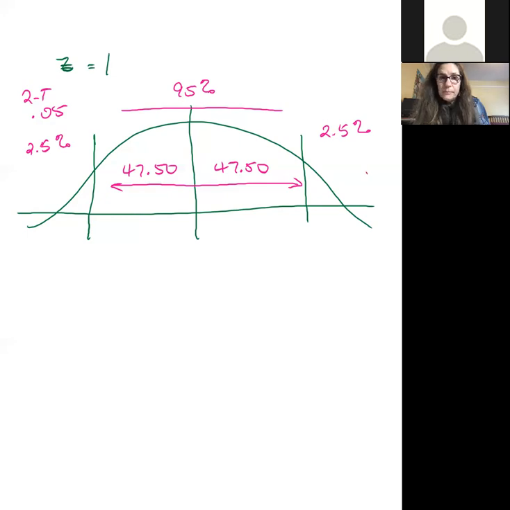So we have that set up. Now we run our test statistic and it puts us about right here. Let's say, here's 1, so our z equals 1. And we know this is the 1.96, because that's a convention, and we can go to our z-table and find 47.5. So we look for a z-score of 1.